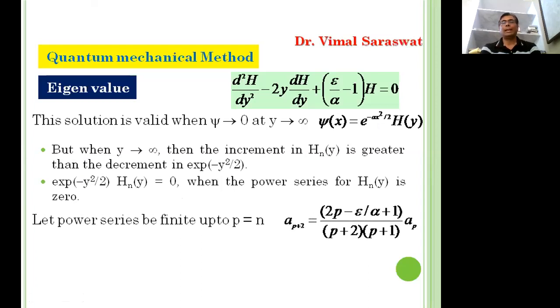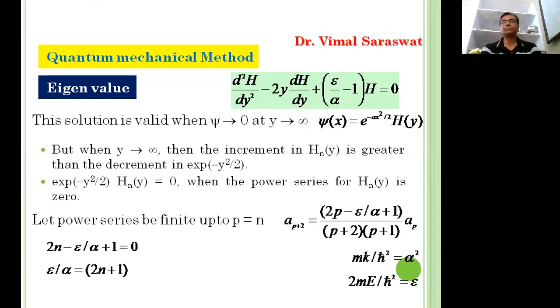Since we obtain a_{p+2} = (2p − ε/α + 1) / ((p+2)(p+1)) a_p. So if we substitute p equals n from here to here, then for a solution of the above equation, 2n − ε/α + 1 = 0, or ε/α = 2n + 1.